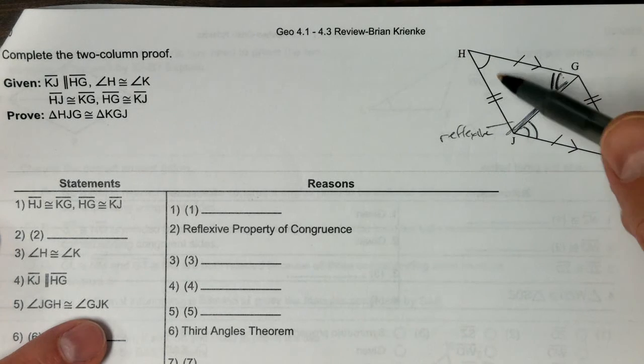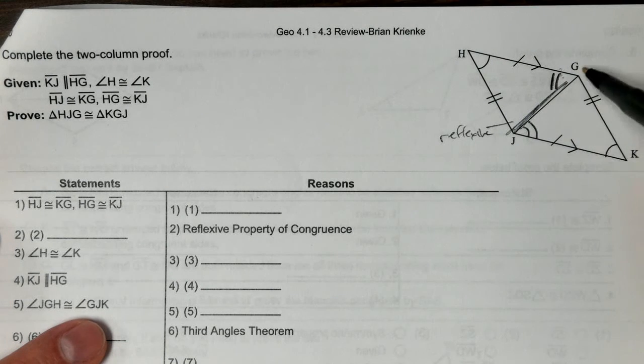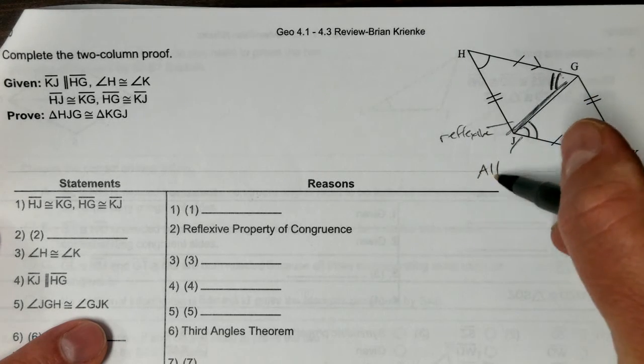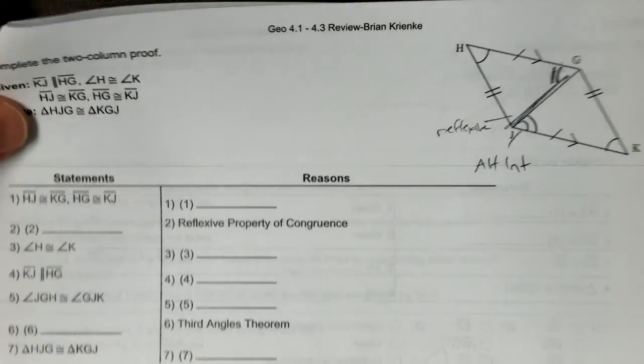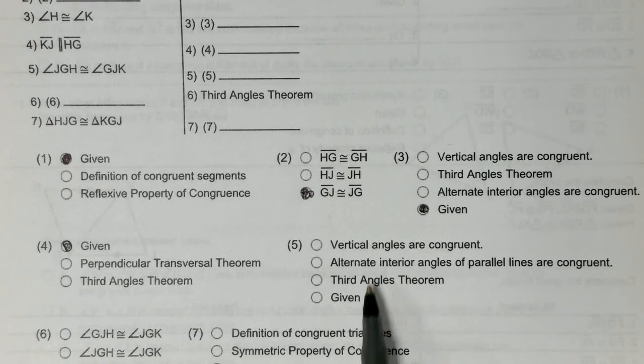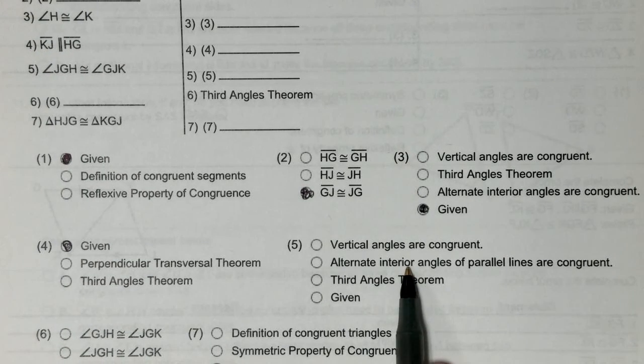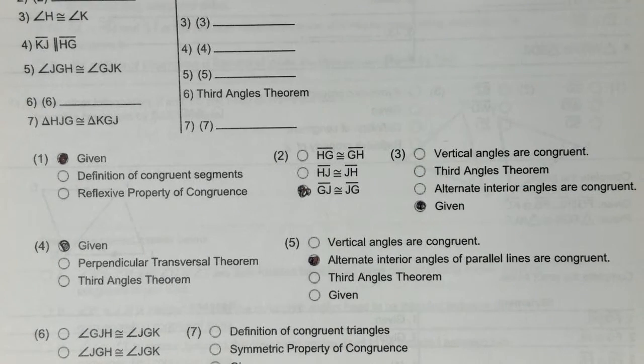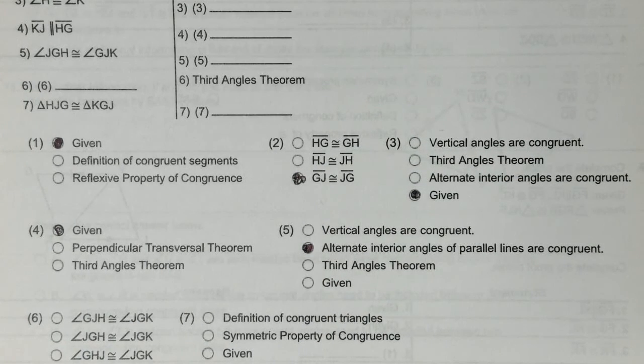So think about this as being the two parallel lines cut by your transversal, so alternate interior angles are congruent. And so alternate interior angles of parallel lines are congruent.